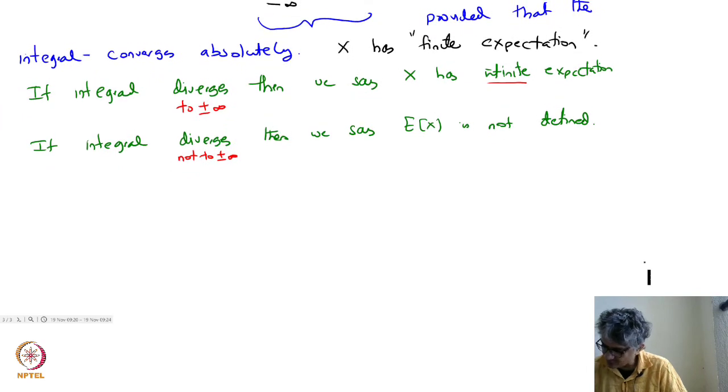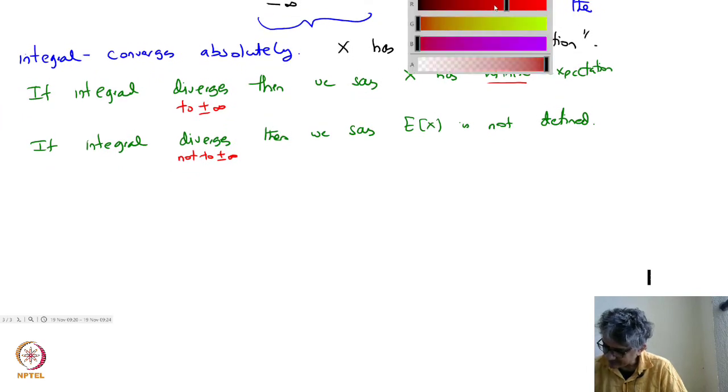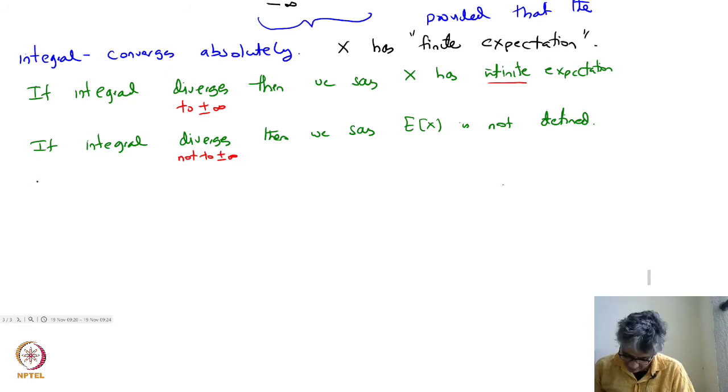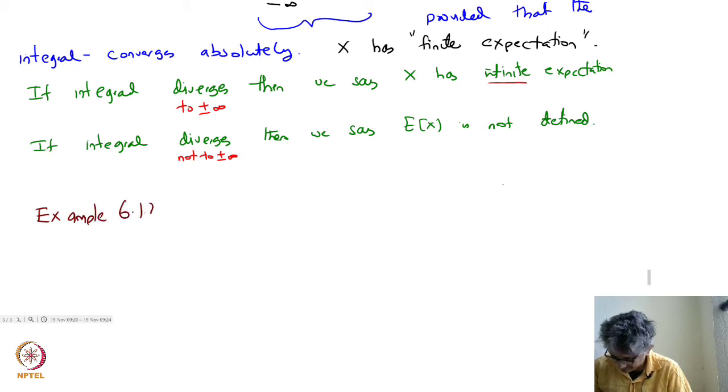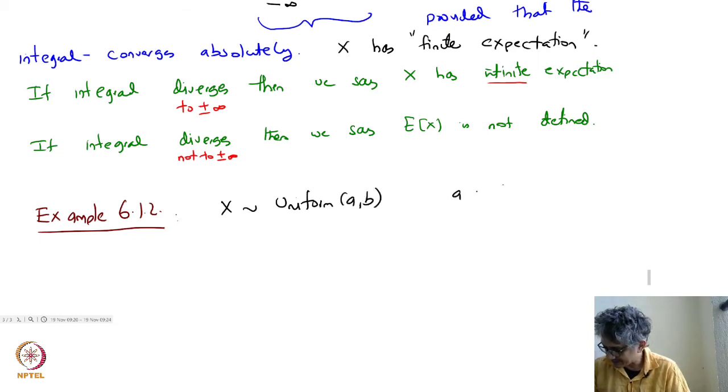So let me just do a couple of examples. Example 6.1.2. If X has a uniform distribution on (a, b), where a is less than b, two numbers on the real line, let's see what E of X looks like.